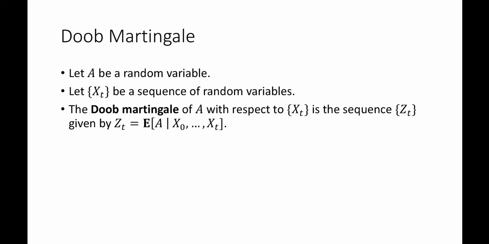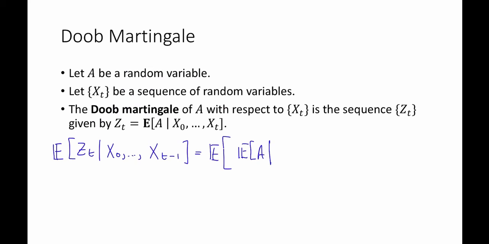Okay, so if we make that assumption, then definitely zt is a function of x0 up through xt. So now the first two criteria of a martingale are satisfied. So let's check the third one. We need that the expectation of zt conditioned on x0 up through xt minus 1 is supposed to be equal to zt minus 1. So by definition, this is equal to the expectation of the expectation of a conditioned on x0 up through xt, conditioned on x0 up through xt minus 1.